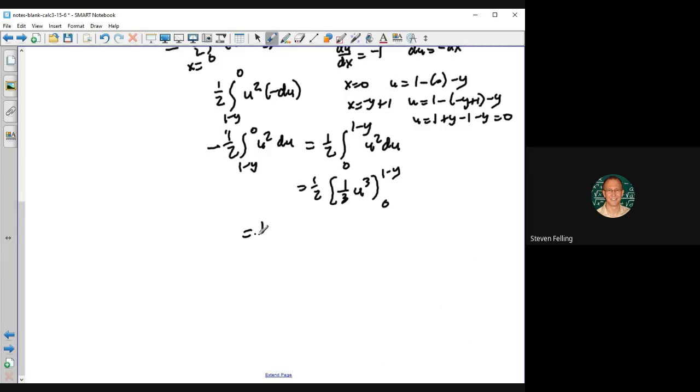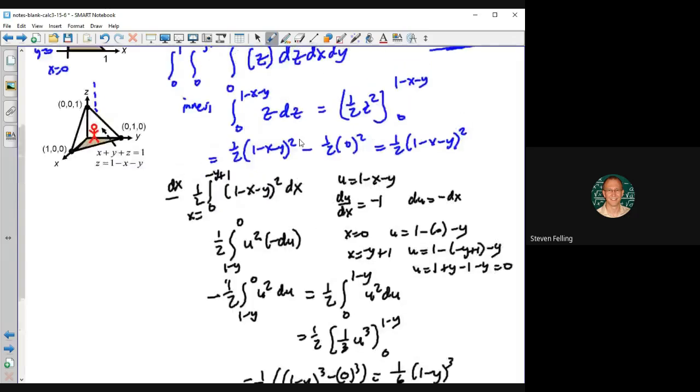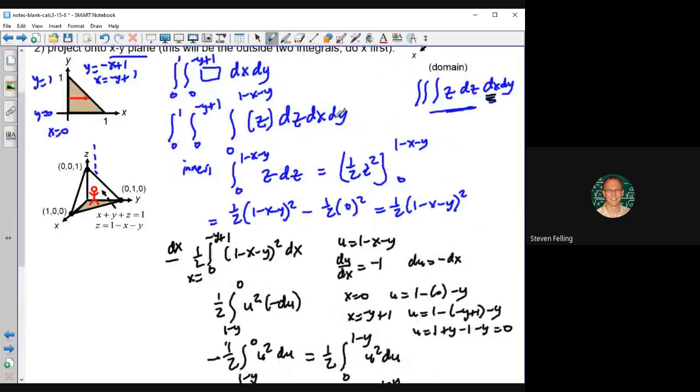So that would be 1/6, and then I just have 1 minus y cubed minus 0 cubed, or 1/6 times the quantity 1 minus y cubed. Okay. And now we're ready to do the last integral. So the last integral was from 0 to 1 of dy.